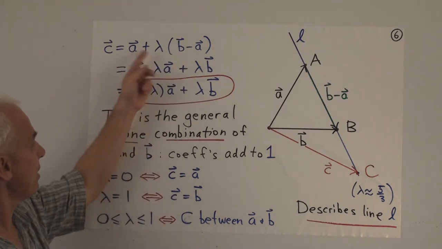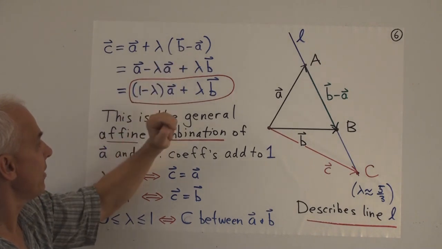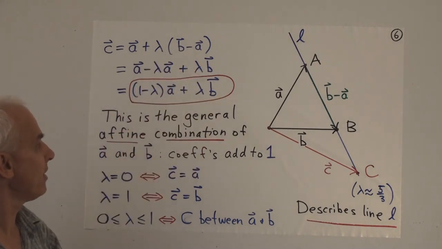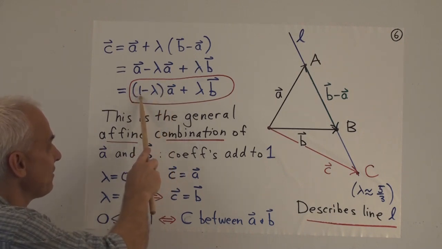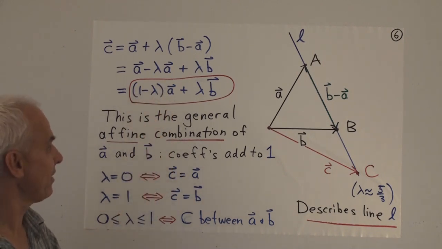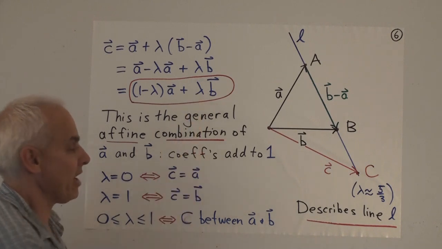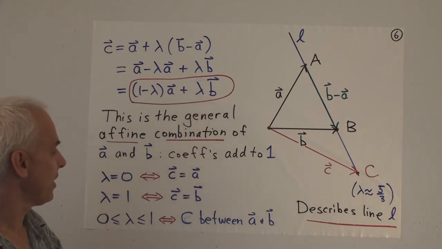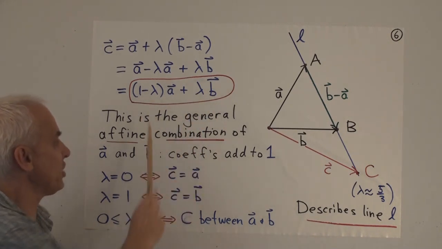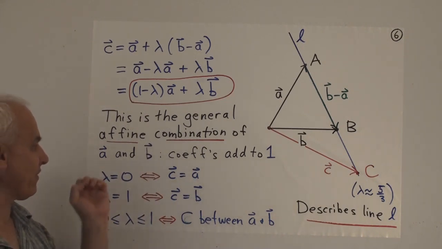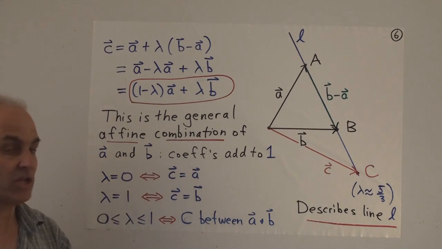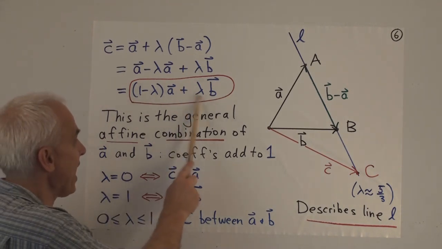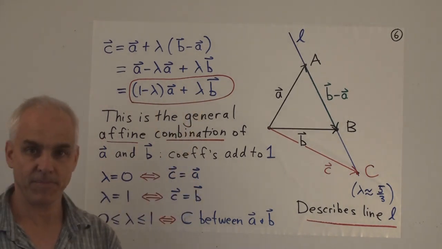Well, it becomes A minus lambda A plus lambda B. And then the A's are multiplied by just the factor 1 minus lambda. And B is multiplied by lambda. So this combination is called the general affine combination of A and B. And what makes it an affine combination is that the coefficients add up to 1.